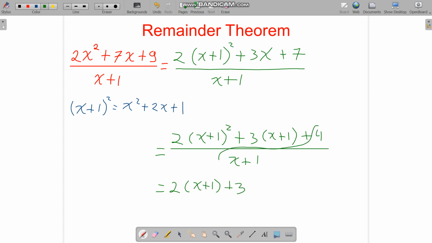And for this part here, nothing to simplify, it's just the remainder, plus 4 over x plus 1. Of course, we can also rewrite this as 2x plus 2 plus 3, so plus 5, plus 4 over x plus 1. Right, that's it.